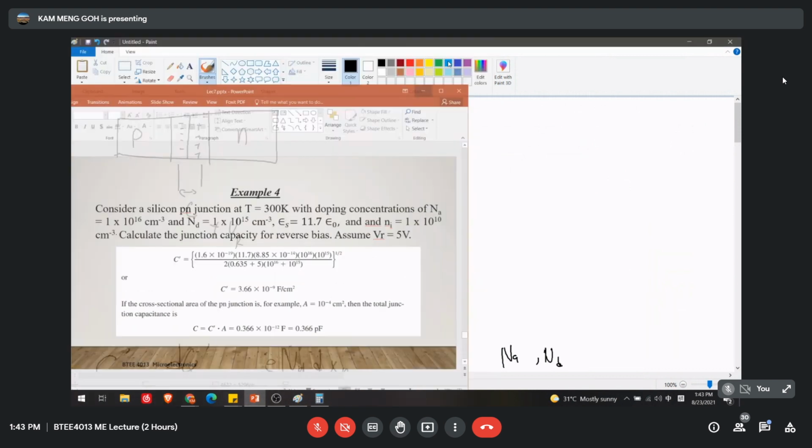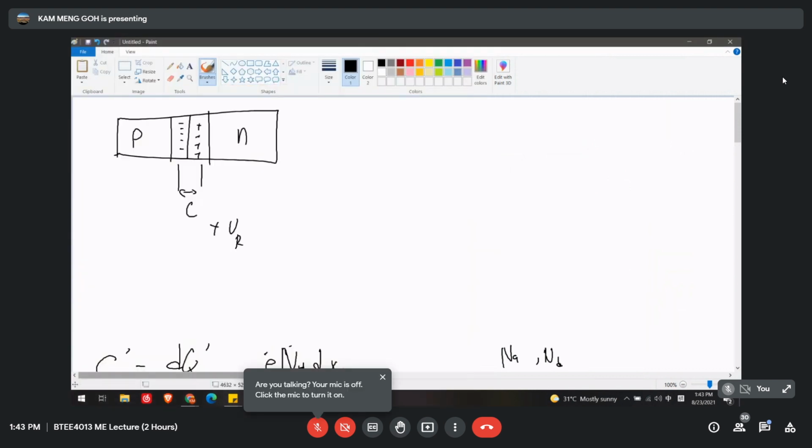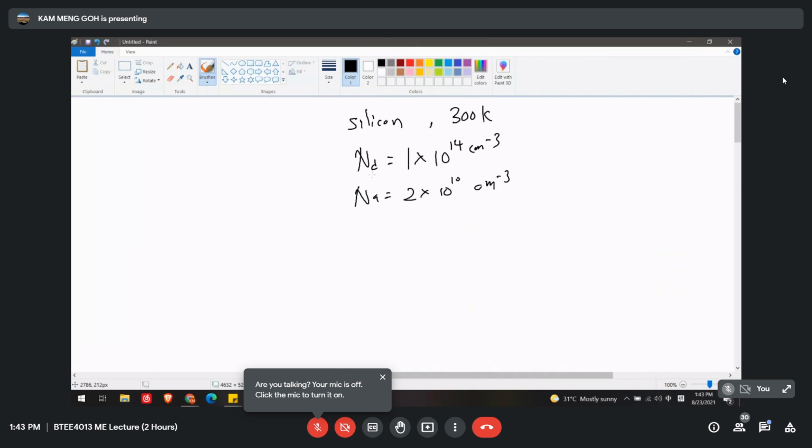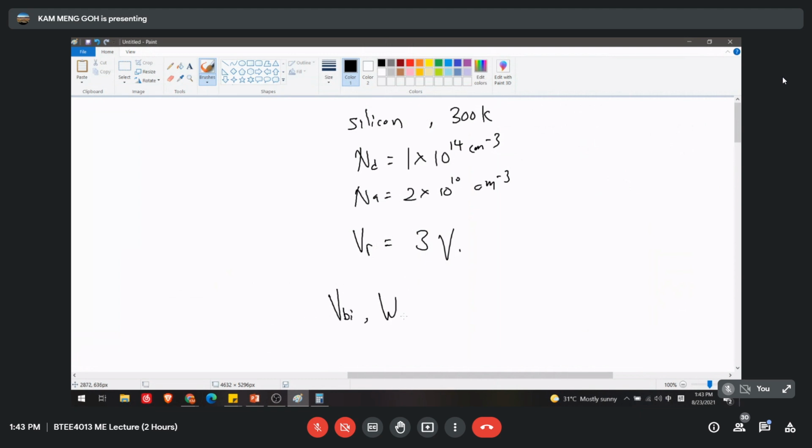Okay, don't forget, we also have our VR, will be equals to, let's say, 3V. Okay, in this case, you need to calculate your VBI, W, and then Emax, and also the junction capacitance. Okay, let's try this.